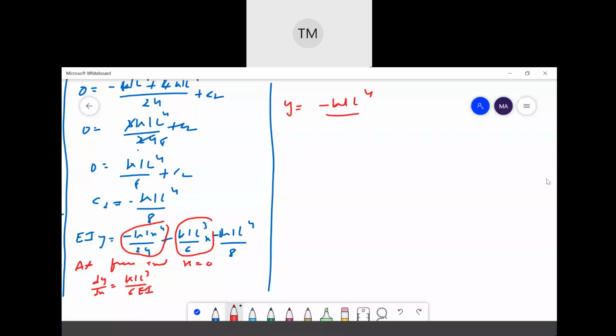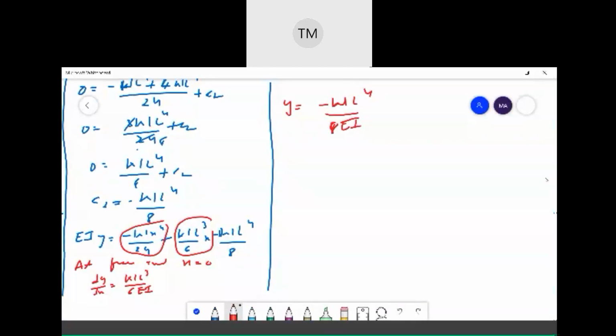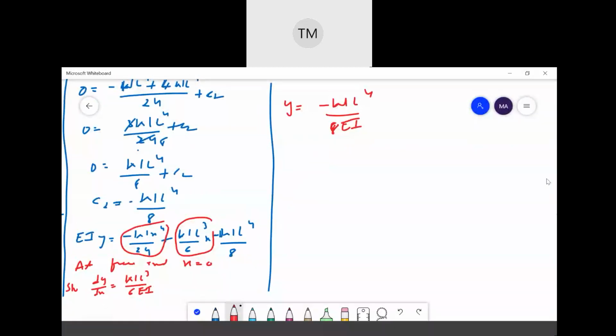This one will be the deflection. Okay, this one will be slope and this one will be the deflection. Is it clear? Deflection with a UDL, cantilever with a UDL.